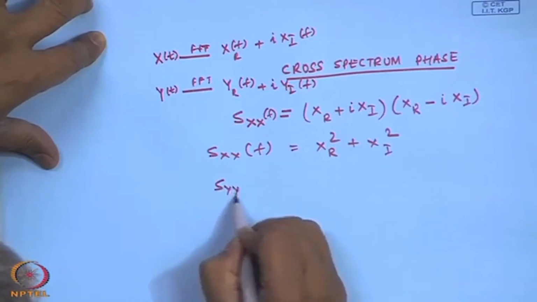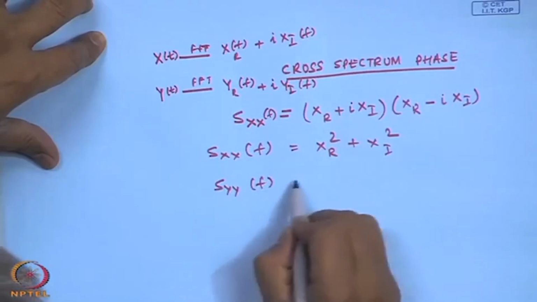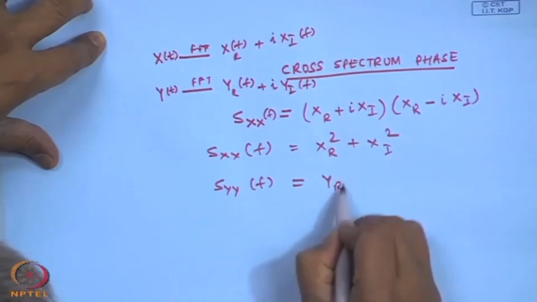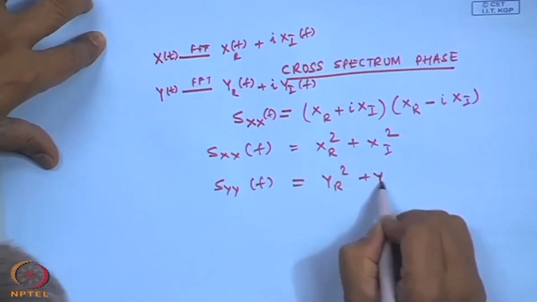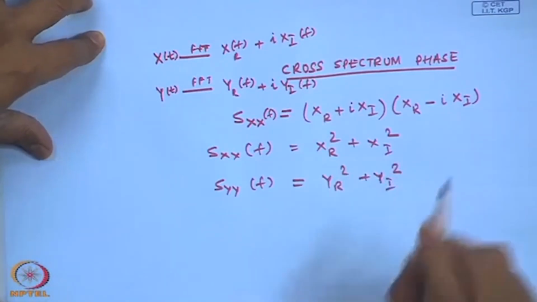Similarly, the auto spectrum of signal y will be y r square plus y i square.